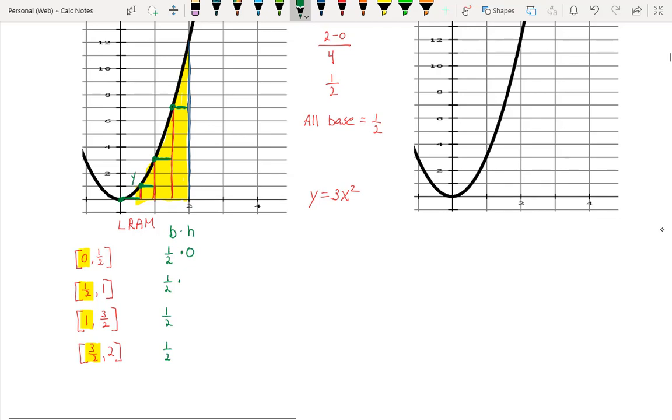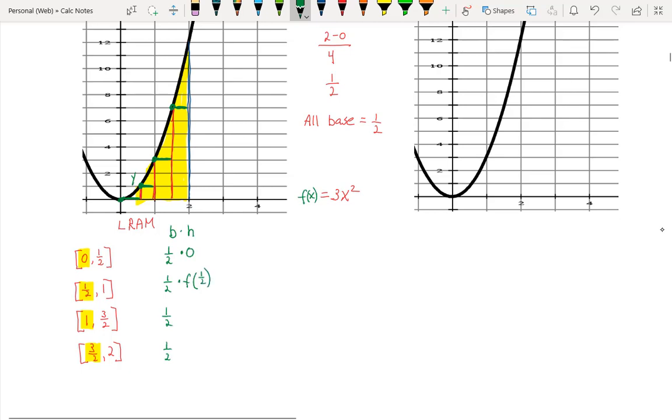So if I plug in, we're going to make this a little bit different. This y equals, we're going to call this f of x. Might make a little more sense. So what I need here is f of 1/2. Where did the 1/2 come from?